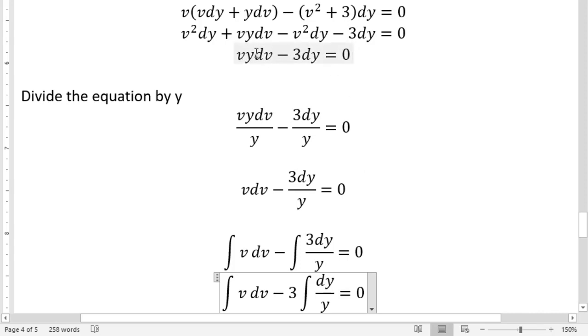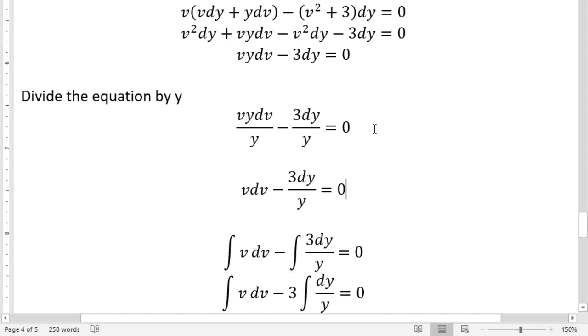Dito, magsa-separation of variables na tayo. The first term, may sobra or hindi belong dyan sa first term is y, kasi v yung mga variables. So, divided by y. Second term, kahit i-retain mo naman si constant 3 dyan, okay lang yan, kasi matitira ang partner lang naman ni 3 is dy.